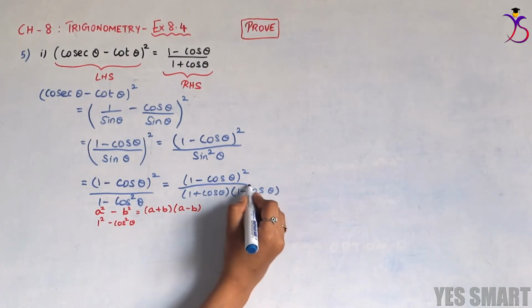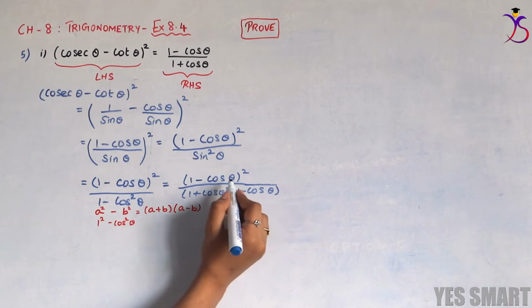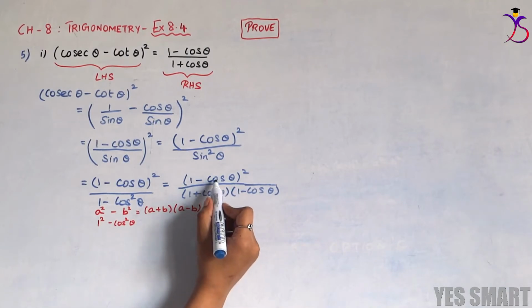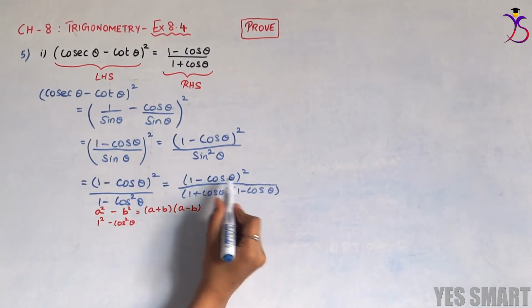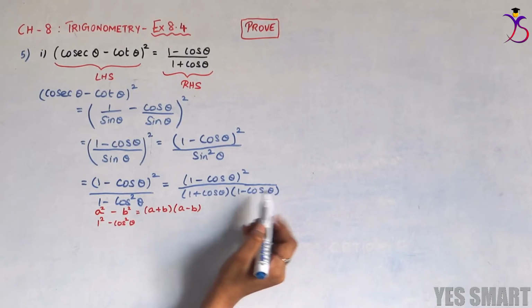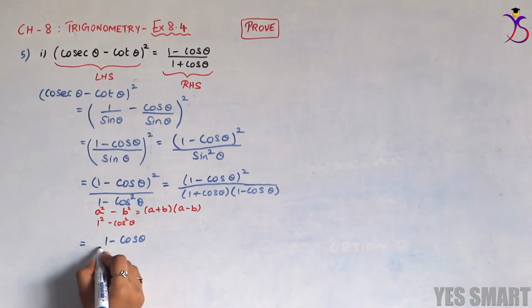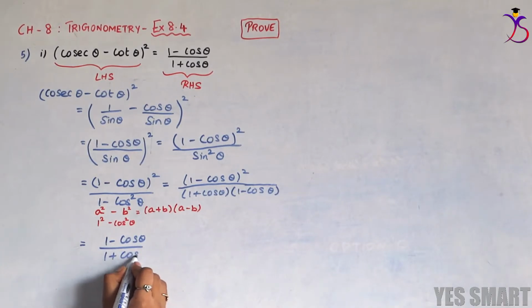Now in the numerator we have two terms of 1 minus cos theta, but in the denominator we have one term of 1 minus cos theta. So I can cancel one term between the numerator and denominator. So it becomes (1 minus cos theta) by (1 plus cos theta). Hence it is proved.